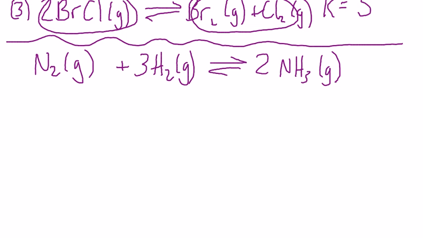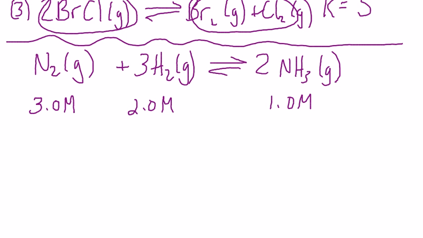Let's see if we can calculate K. If you were told at equilibrium the concentration of the nitrogen gas were 3 molar, the concentration of the hydrogen gas at equilibrium was 2 molar, and the concentration of the ammonia gas at equilibrium was 1 molar.